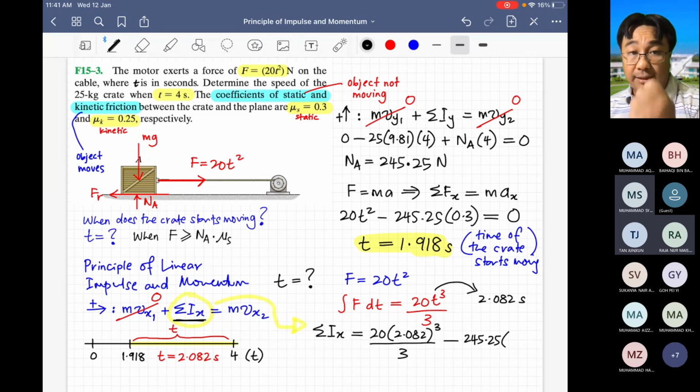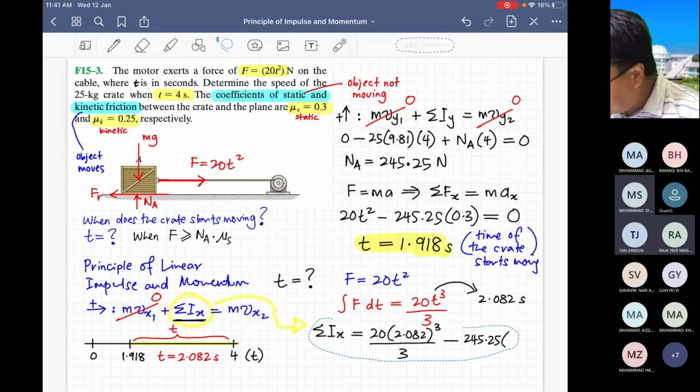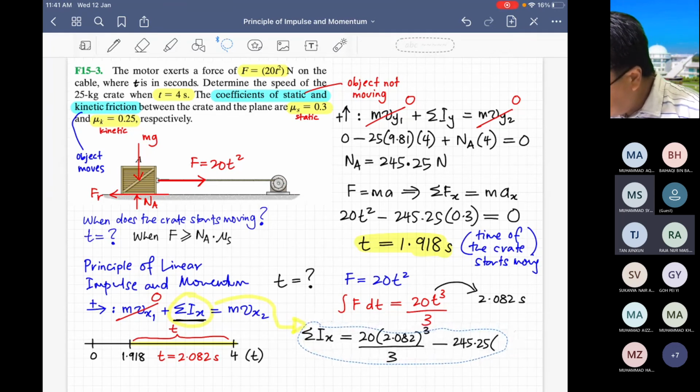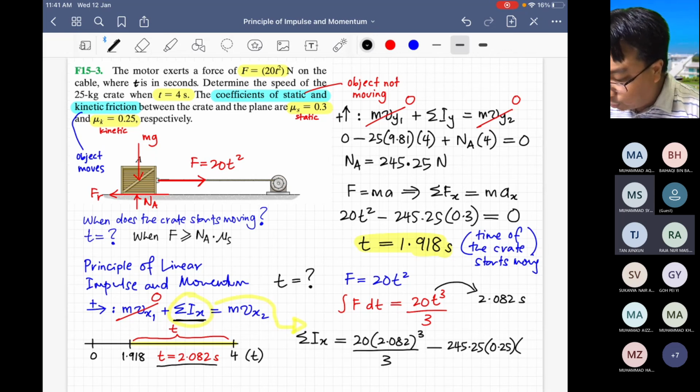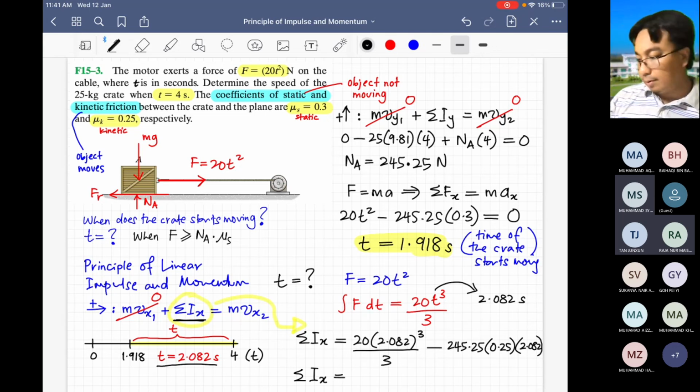now that he has started moving, so we must use kinetic friction, not static friction. Let me move this a little, it does not fit. So 245.25 multiplied with 0.25 and times this time, 2.082. Alright, so the sum of Ix is equal to, let me get my calculator.